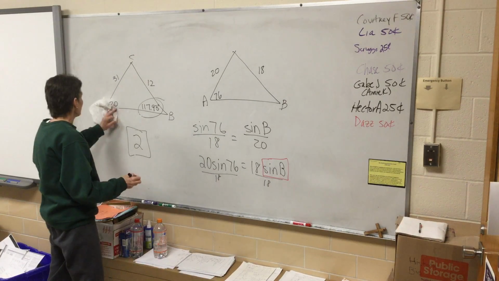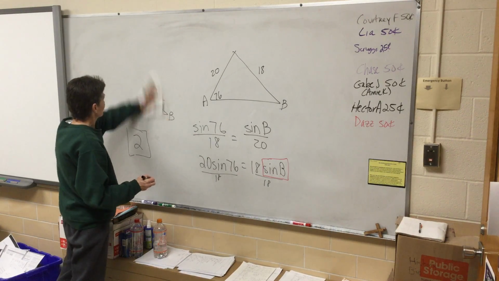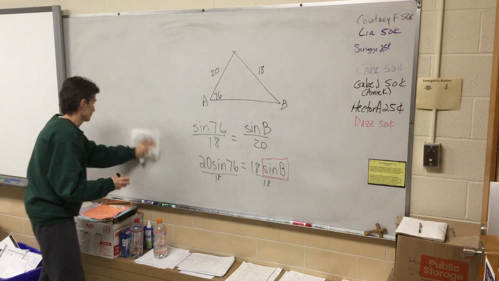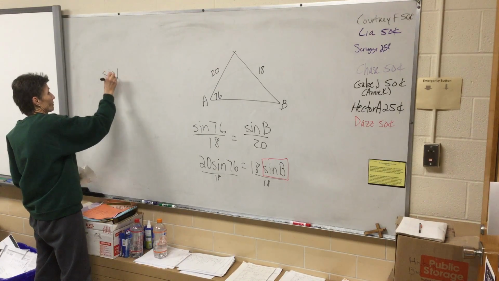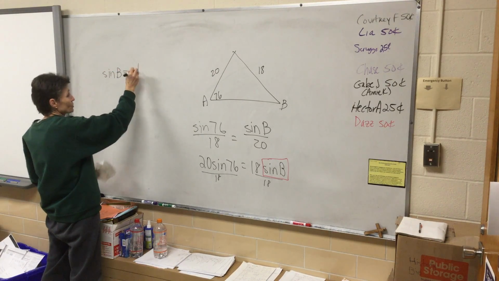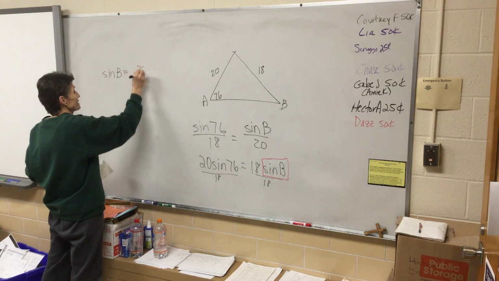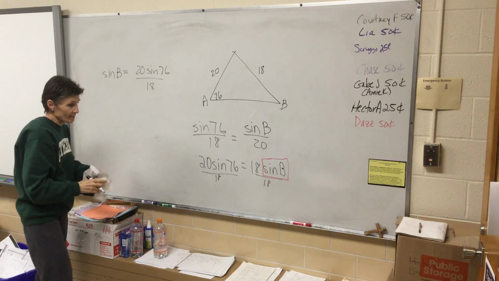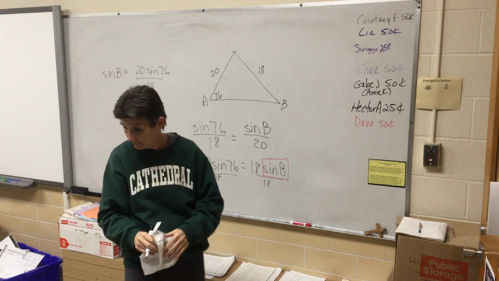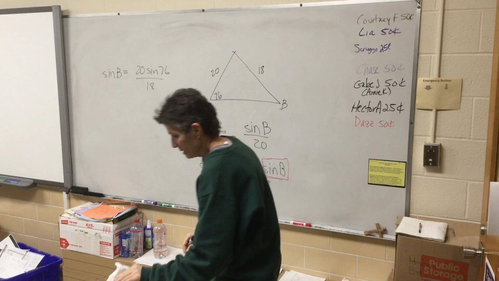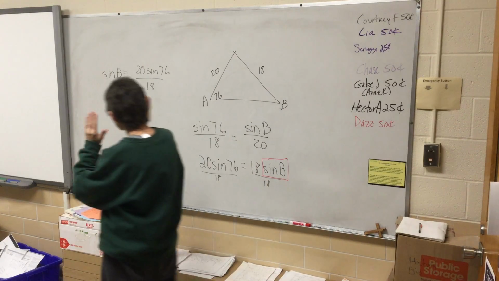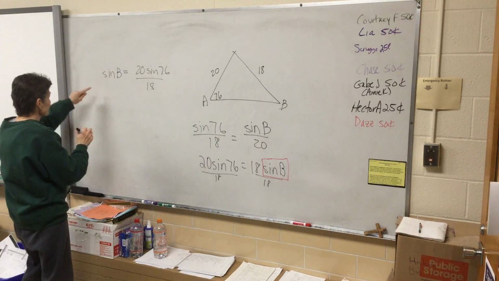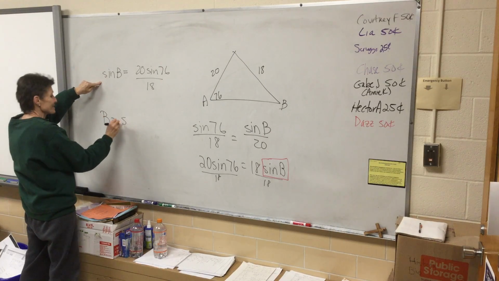So we have sine B equals 20 sine 76 divided by 18. Is that okay with everybody? Now, when you have sine B, that's when you have to do second sine.